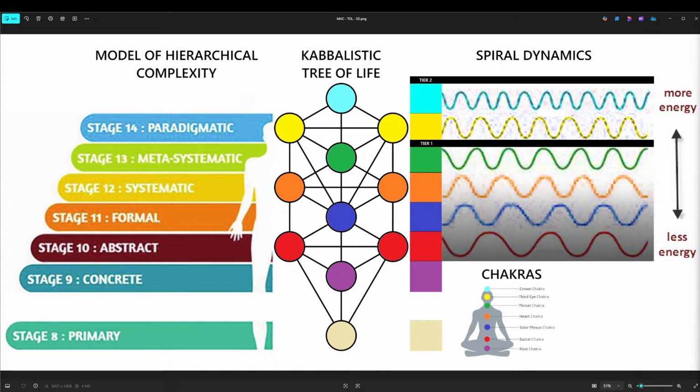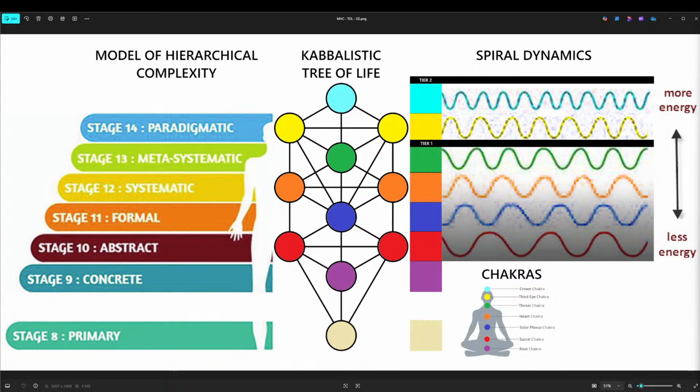I don't want to do it now, but you can Google Jacob's Ladder by William Blake. That's another interesting parallel with Spiral Dynamics. You can get an idea of how consciousness evolves.